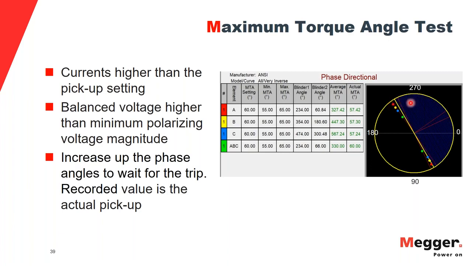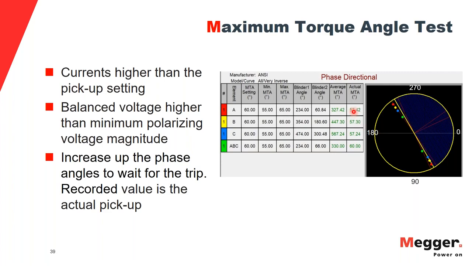Once it is inside this characteristic, it's going to trip instantly. I can record that phase angle value, and based on the blinders, I can compute whether that setting is actually matching my maximum torque angle setting or not.